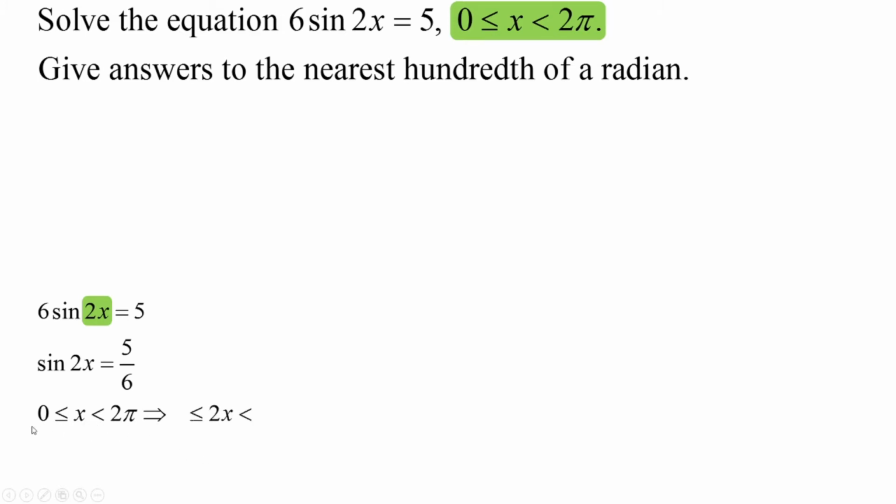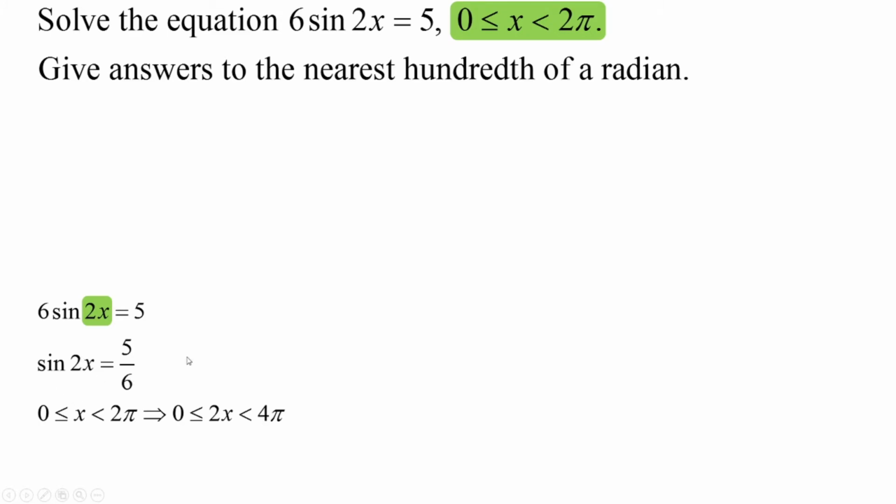So 0 times 2 is still 0, and 0 is less than or equal to 2x, and 2x has to be less than not 2 pi, but 2 pi times 2, or 4 pi. So now I need to find all of the 2x's in the interval from 0 to 4 pi. That's my first step. Okay, now let's go ahead and solve for 2x.